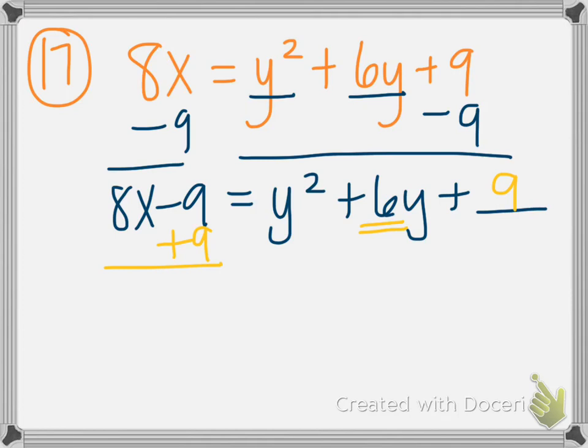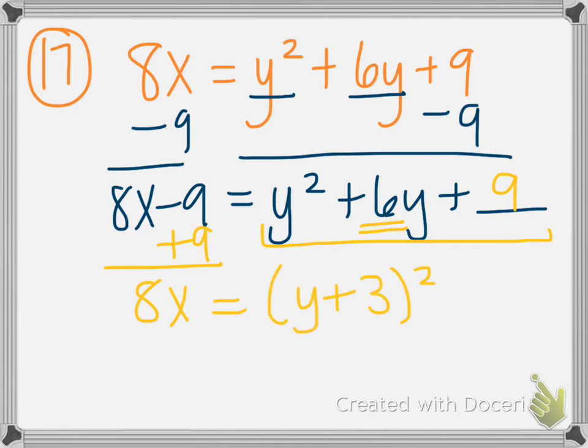And as you'll notice, I'll end up with 8x equals, I can go ahead and factor this to be y plus 3 squared. And now that I've completed the square, all I have to do is get the non-squared variable all by itself. So I'm going to divide both sides by 8.